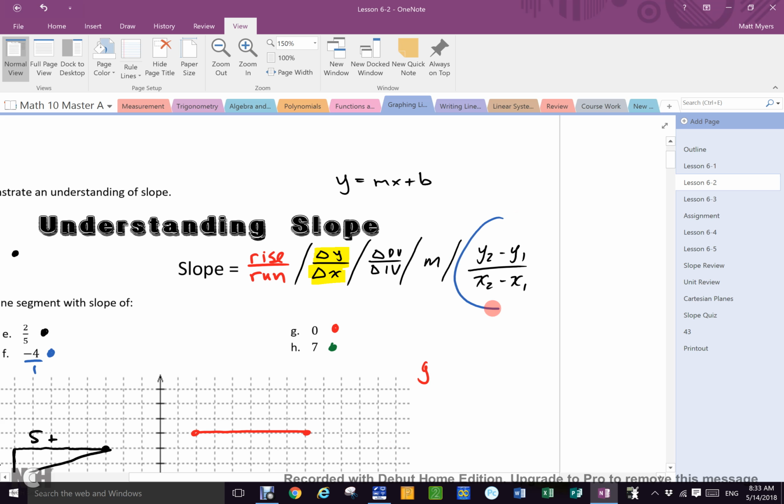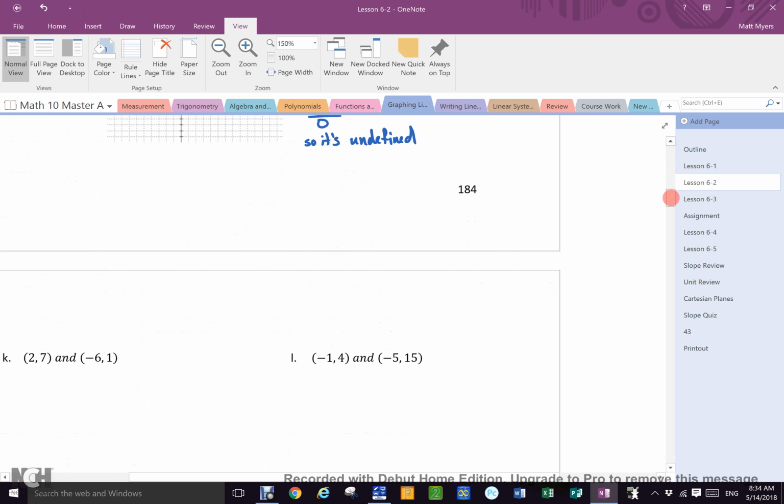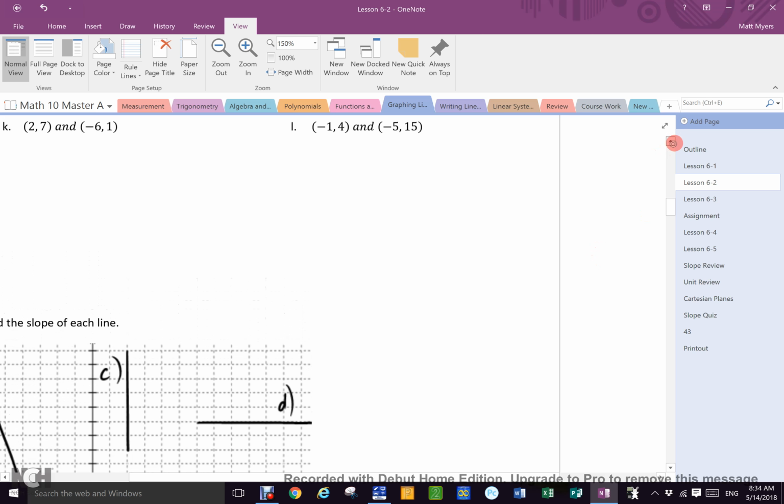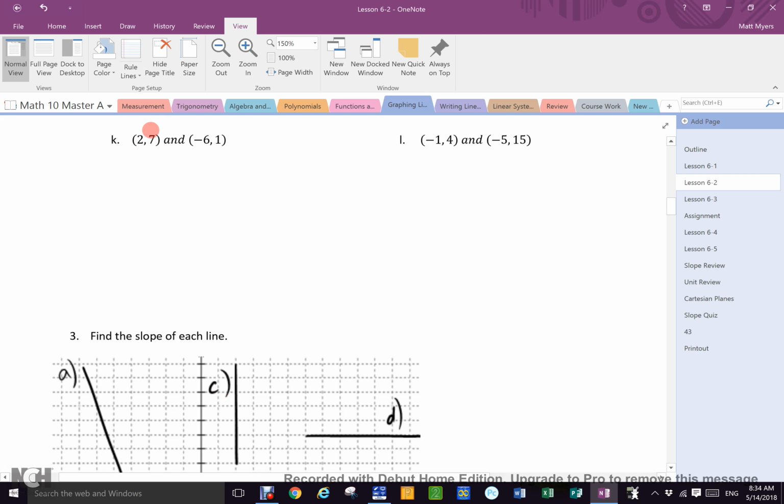The last one. Why? Because I got an X and a Y there and an X and a Y there. And what do I have here? An X and a Y and an X and a Y. But I can't call them both X and Y, can I? Because if I do Y minus Y, what do I get? 0.